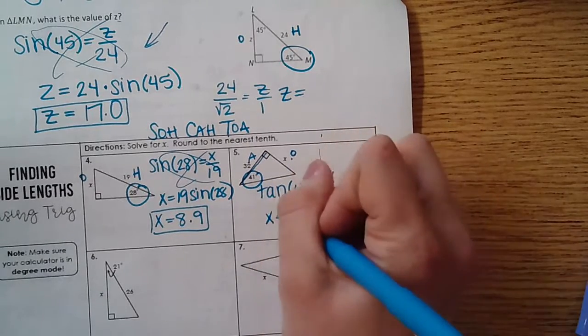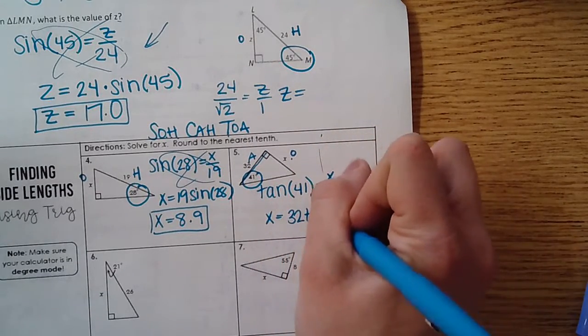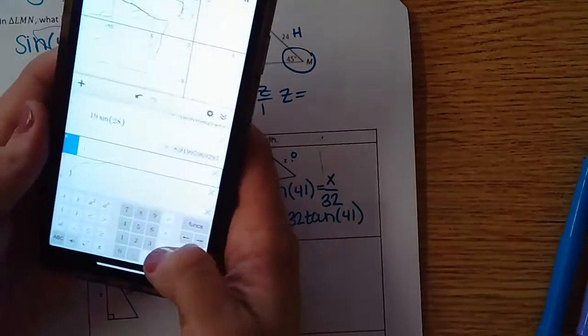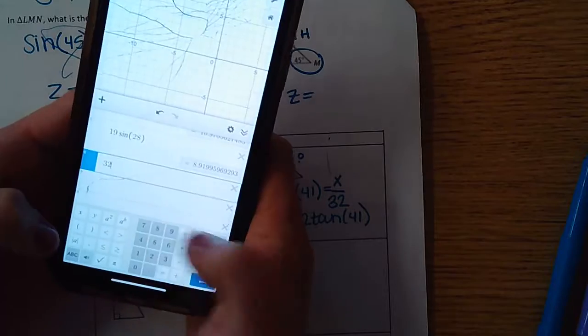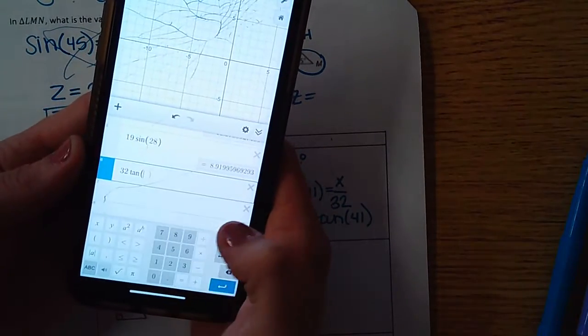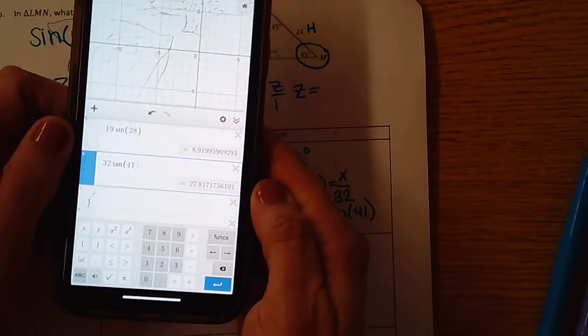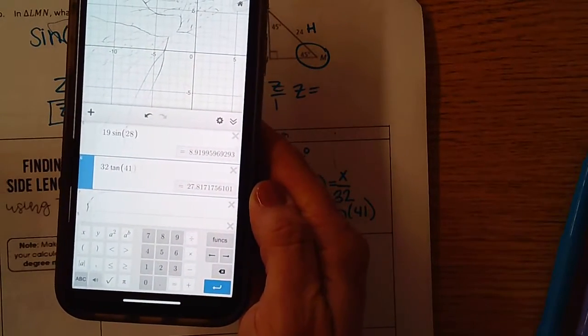Cross multiply, X equals 32 tangent 41. 32 function tangent 41 degrees, 27.8.